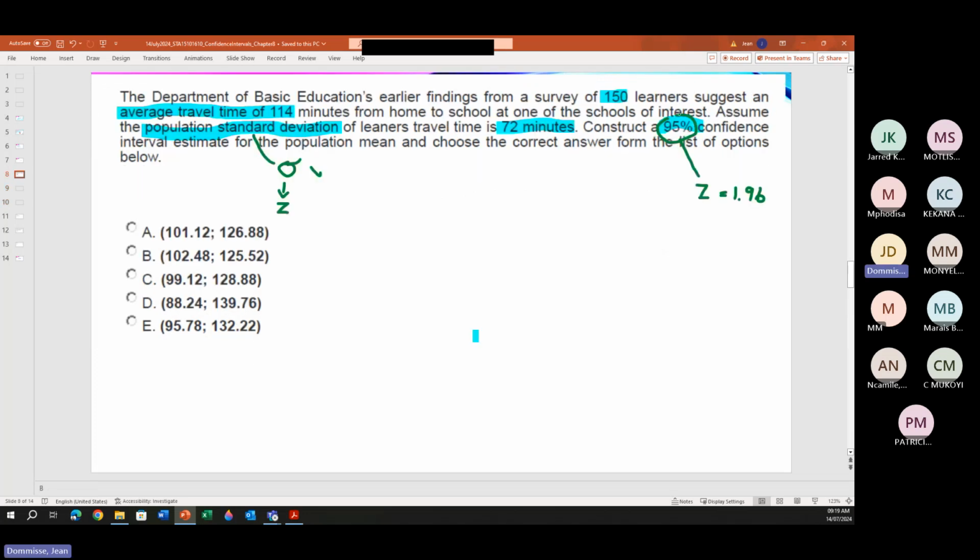Okay, so 95% for a confidence interval, where we're working with a two-tail, is 1.96. So let's write down that formula and let's see what else we need. We've got the standard error.